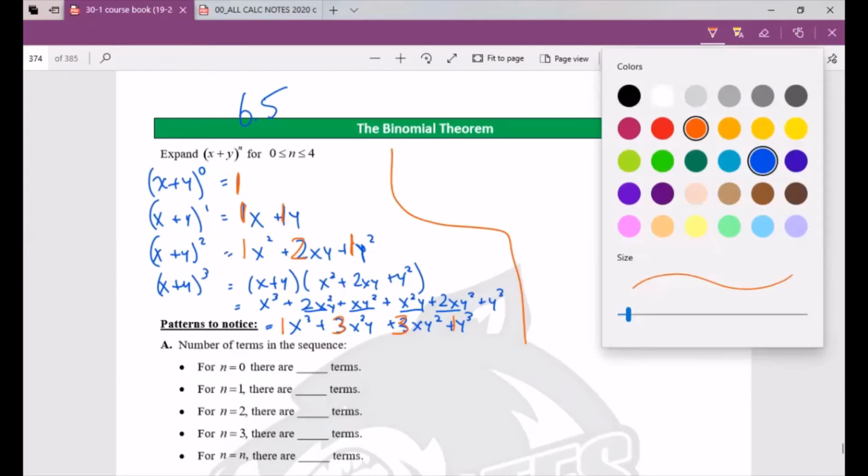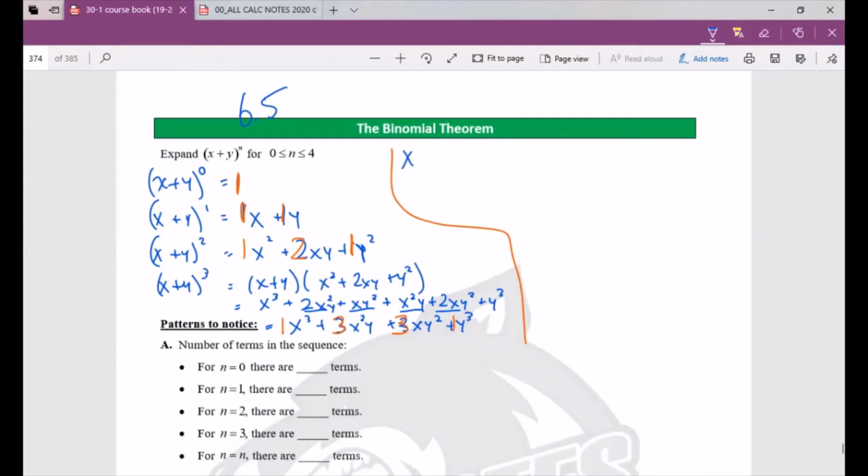So drawing the line and wanting to expand out x plus y to the 4. Now we could do this a couple of different ways. Of course, it starts off with the fact that it's just x plus y times x plus y times x plus y, or factors of this, right?